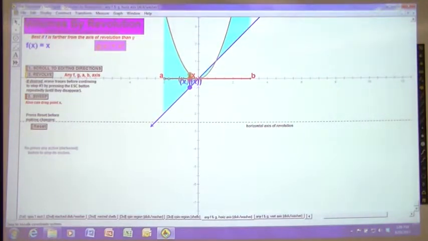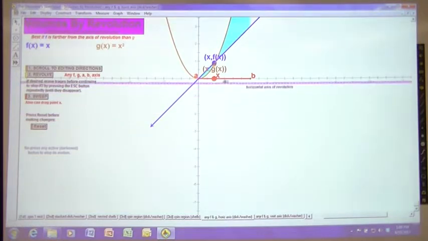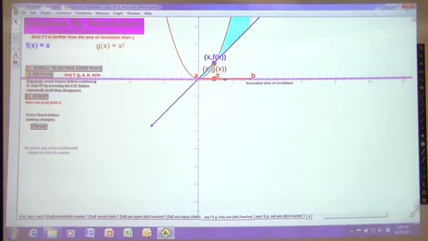And we want our a to be at 0. There's our axis of rotation, and we want our b to be at 1.